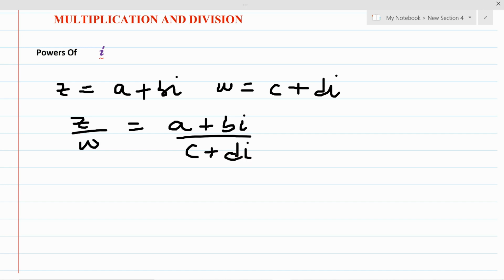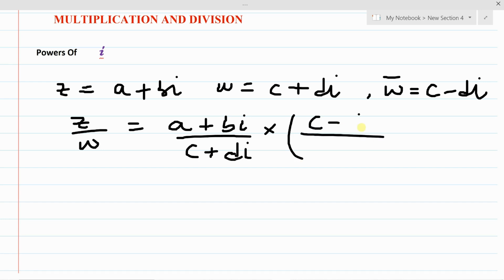Now with this, what you do is you first find the conjugate of the denominator. The conjugate of w, w bar, is equal to c minus di. You've done it already. Then you multiply both numerator and denominator by it, so c minus di over c minus di. Then you do your normal multiplication of fractions.